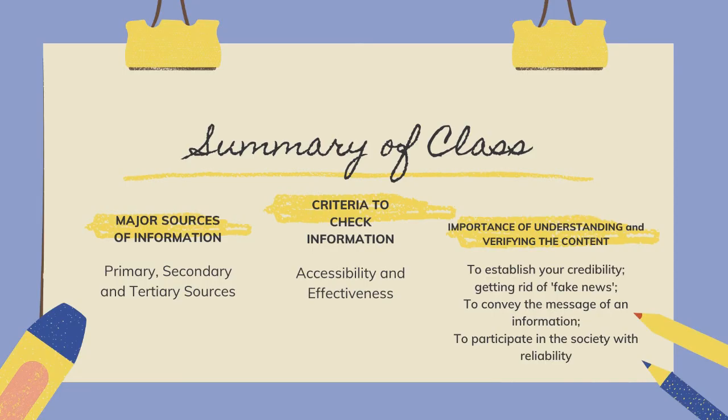And then, what are the importance of understanding and verifying the content? One is to establish your credibility, of getting rid of fake news. The second one is to convey the message of an information. And then the third one is to participate in the society with reliability.